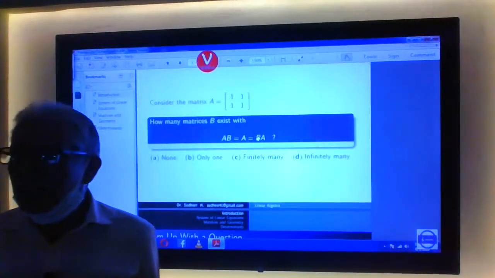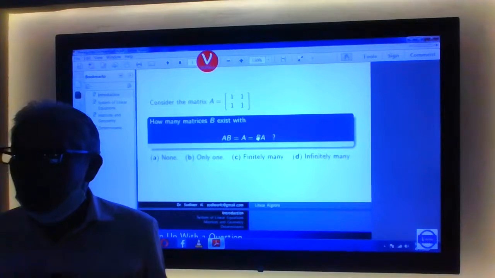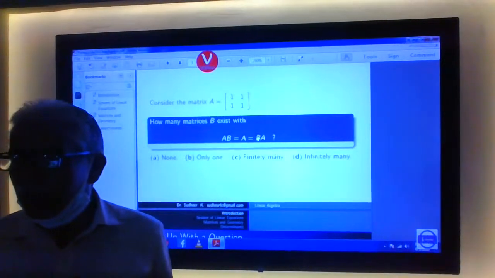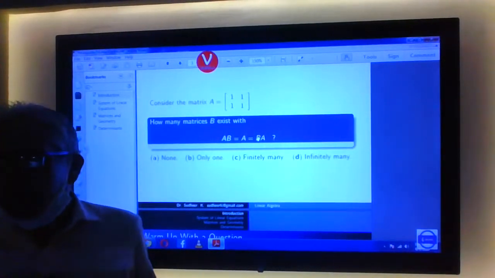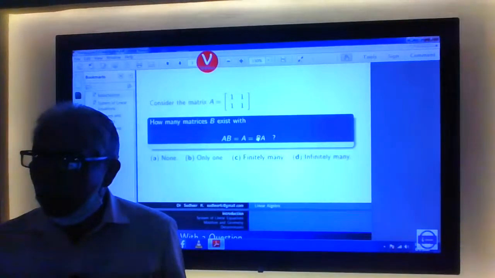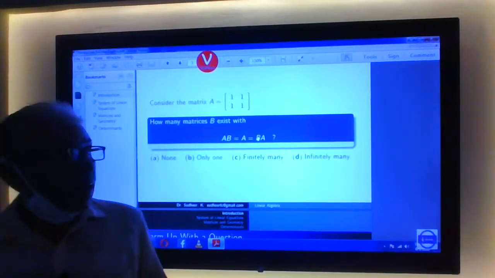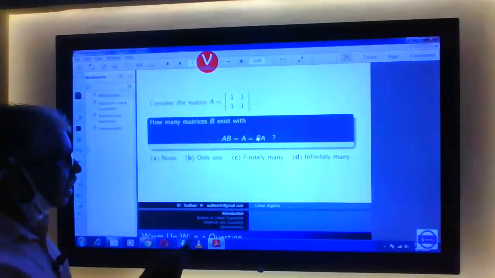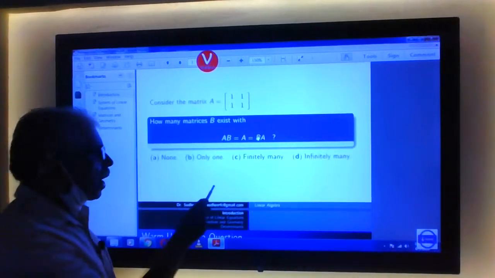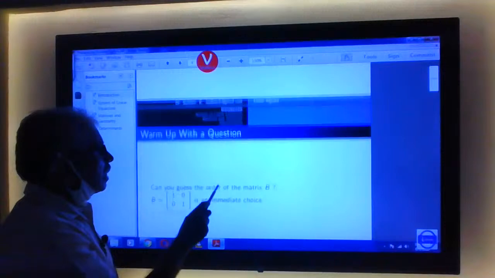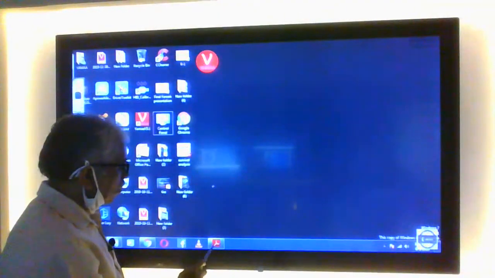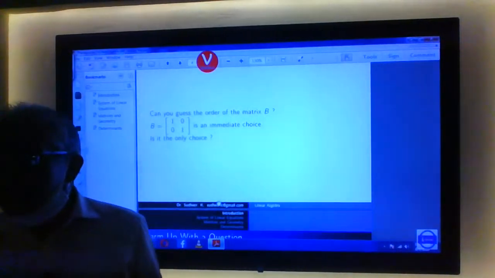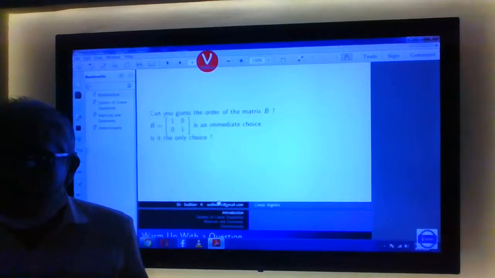And because A is a 2 by 2 matrix, the only possibility is that B has order 2 by 2. And one more thing you know is that the identity matrix will always be a candidate for B. So the question is, do you have matrices other than the identity matrix also?